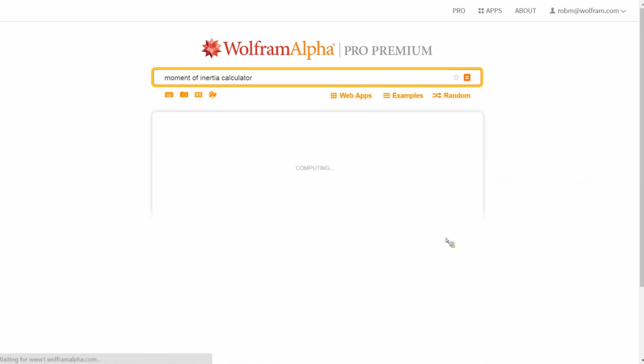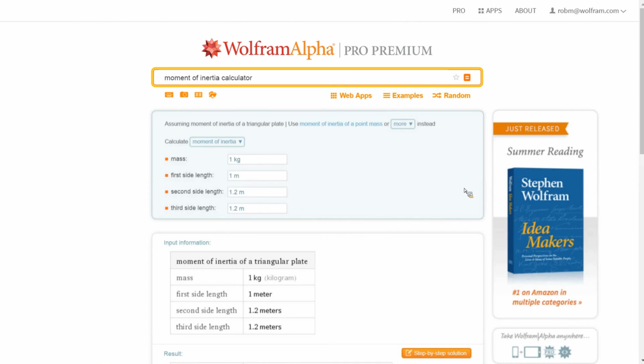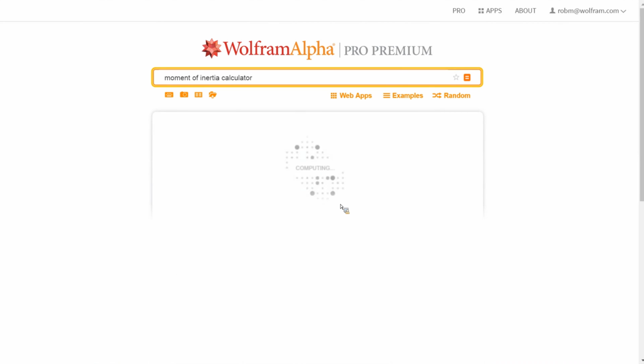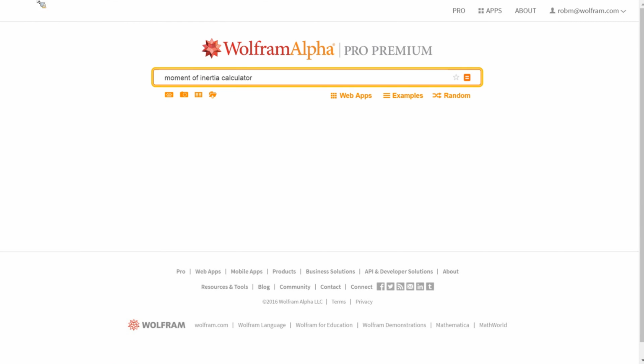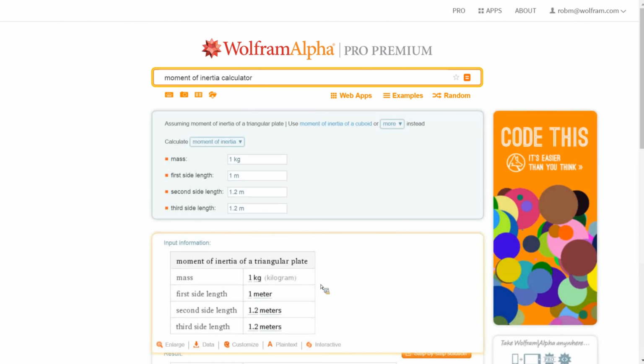And so, even though they may not know the math that goes into it, there's nothing wrong with them finding the moment of inertia of a triangular plate or something like that. And then once you have that, let's say we calculate this. Once you have that, then you can just, oh no, it's coming, never mind.